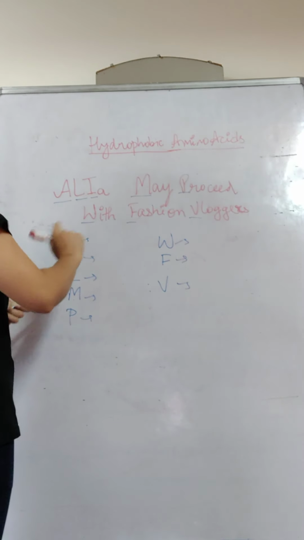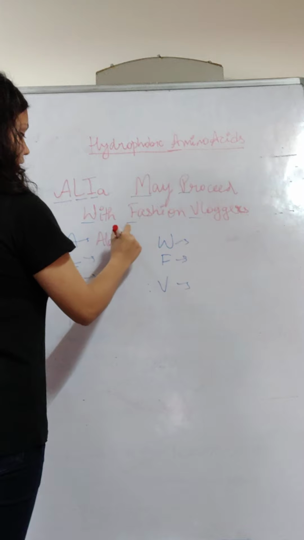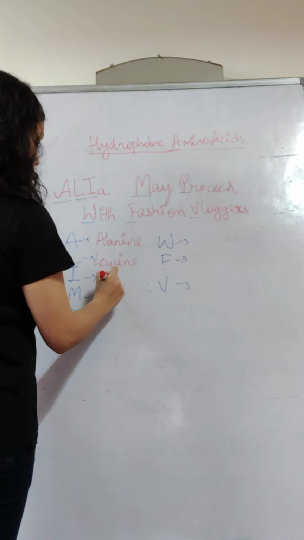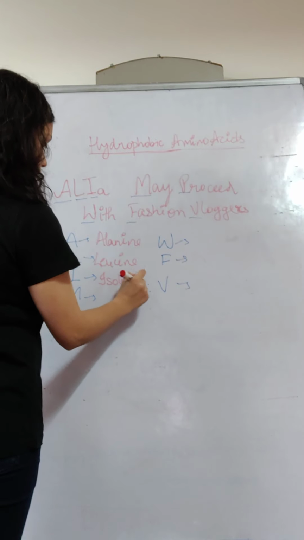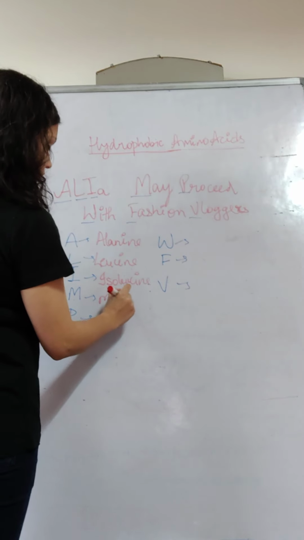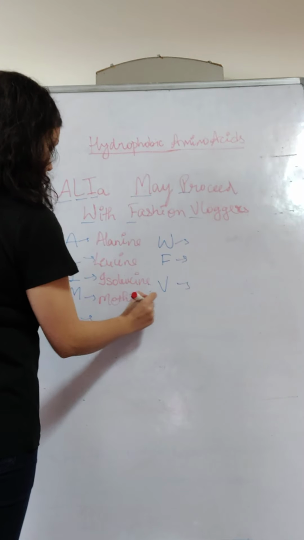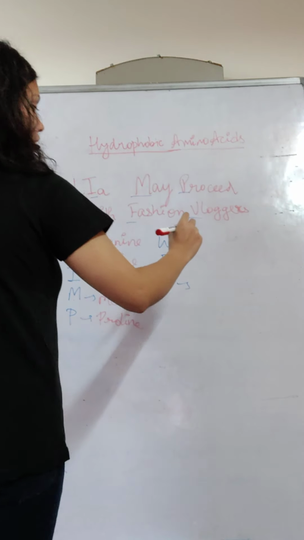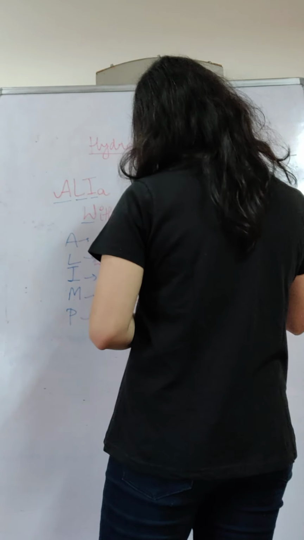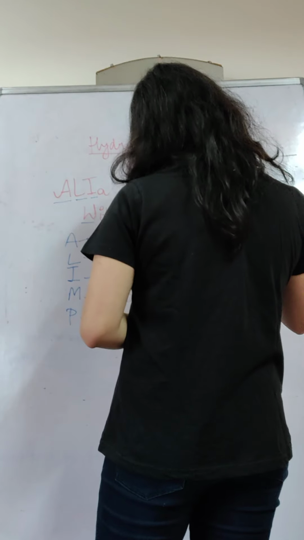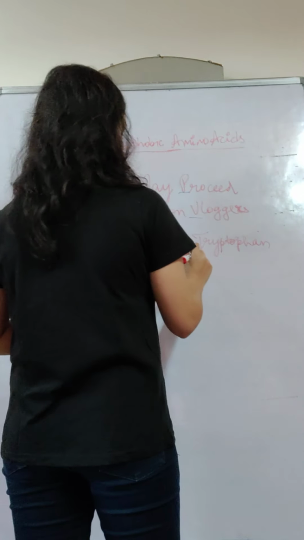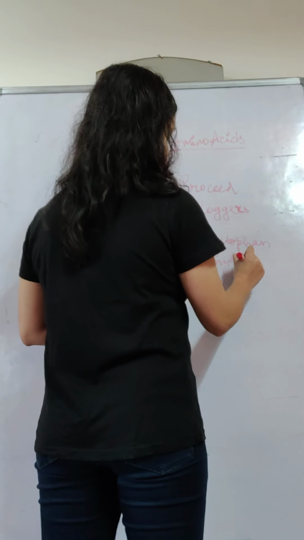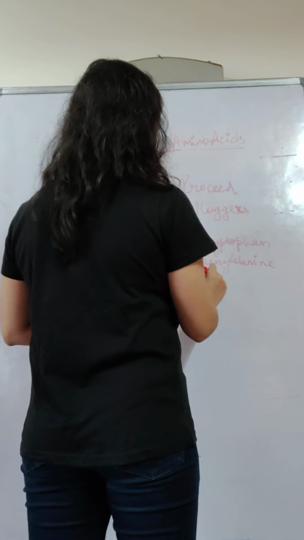This A means alanine, L is leucine, I is isoleucine, M is methionine, P is proline, W is tryptophan, F is phenylalanine, V is valine.